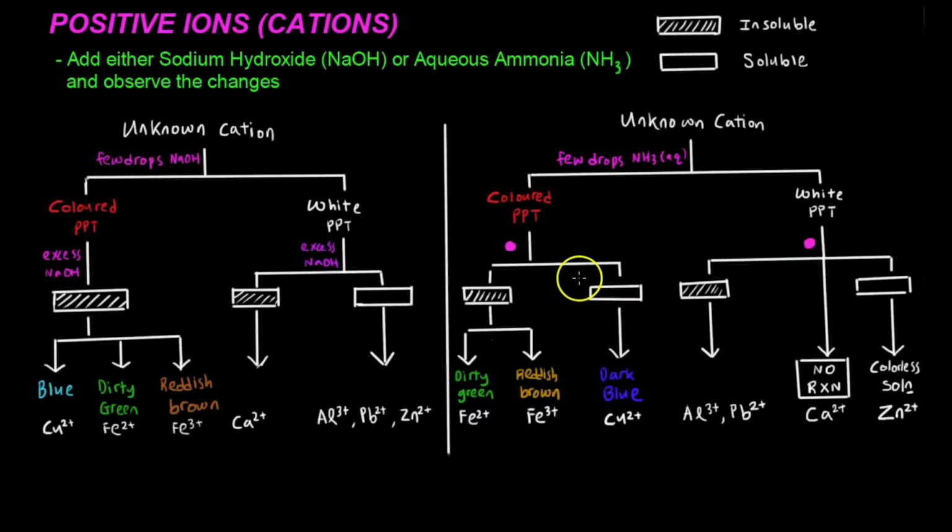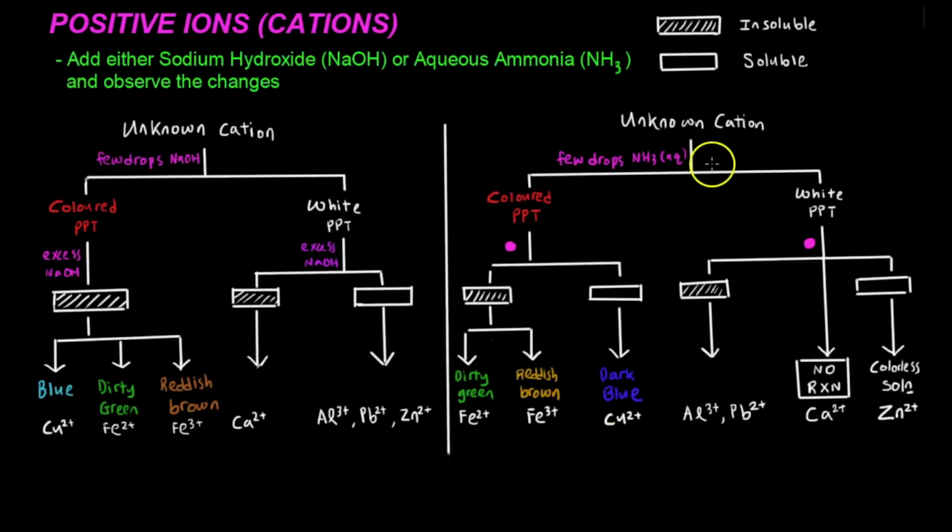Now it becomes soluble, instead of being insoluble just now in the case of NaOH. So now it's soluble, and it becomes a dark blue solution instead of a blue solid. This is because the light blue solid dissolves in the excess NH3 to give a dark blue solution. That's why it's dark blue and not blue like previously.